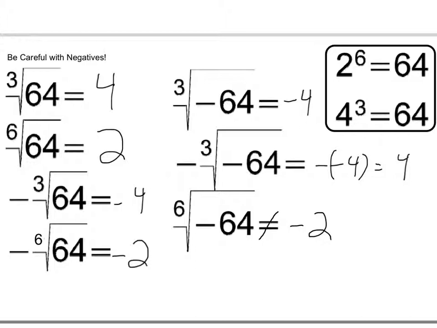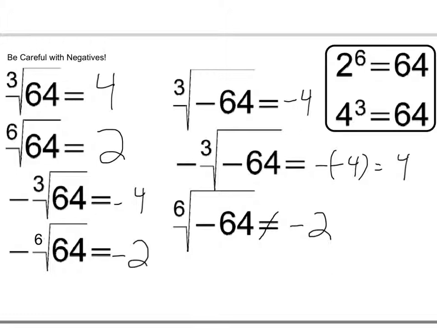It's impossible to raise any number to a certain even power and end up with a negative answer. So, if the radical has an index that's even, like 6, 4, 2, or 8, and a radicand that's negative, we cannot get a real answer.